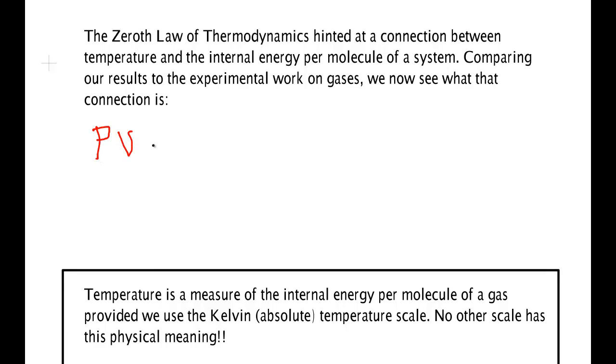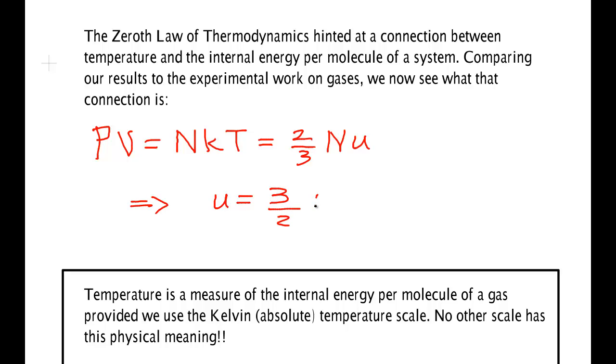PV is equal to NkT, but we just said that it's equal to 2/3 N times u. This implies, therefore, that u is equal to 3/2 kT.